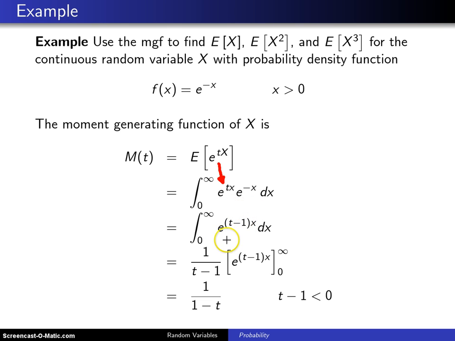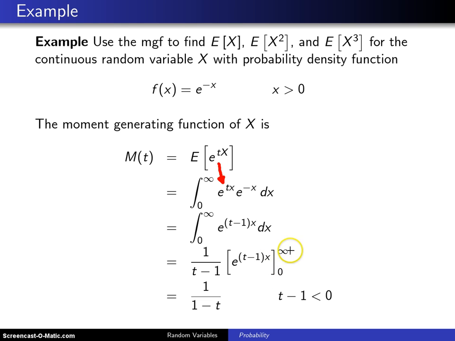So if this is indeed the case that we have an integral that does converge, you now can multiply inside the integral by t minus 1, and multiply outside the integral by 1 over t minus 1, and this integral becomes e to the (t minus 1) times x, evaluated between the limits 0 to infinity.